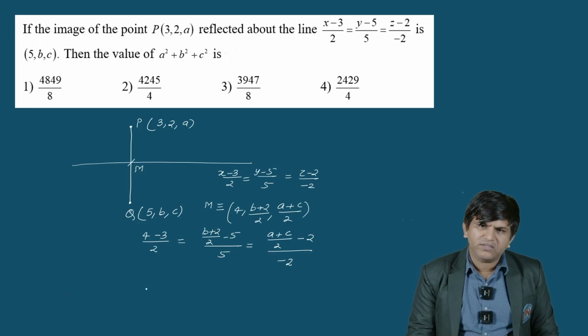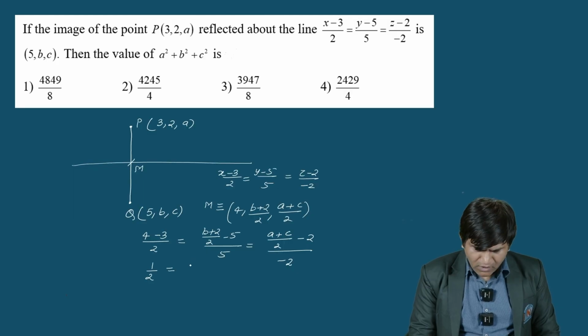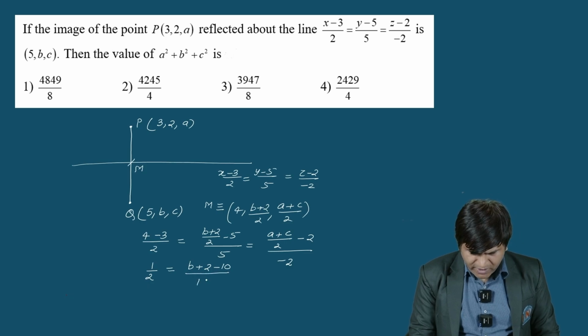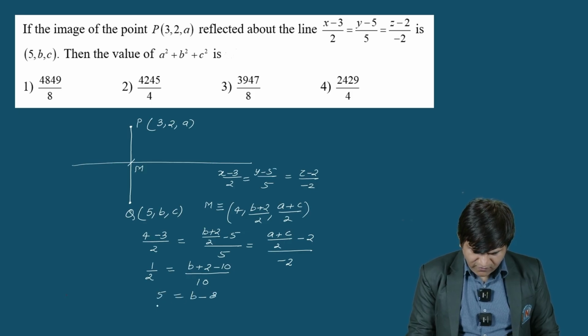From here we can easily say that this value is nothing but 1 by 2. From here we can write B plus 2 minus 10, taking LCM, divided by 10. If we solve these two, B minus 8 equals 5. So B equals 13. That is the value of B we are getting.